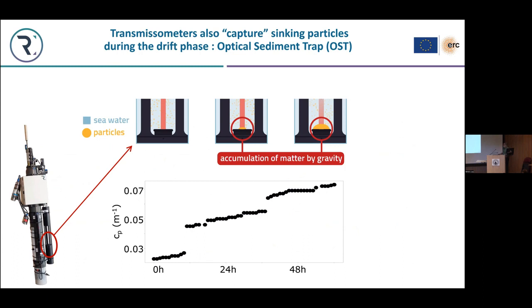You can see this accumulation on the facing up window of the transmissiometer. The slope we interpret as regular sinking material, more marine snow material, whereas the jumps are very likely associated to a large particle falling on the facing window of the instrument.